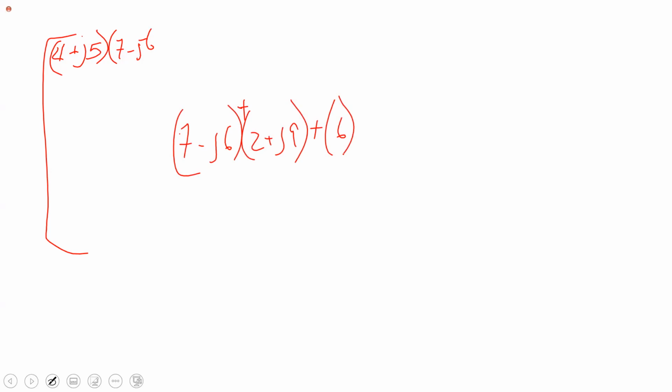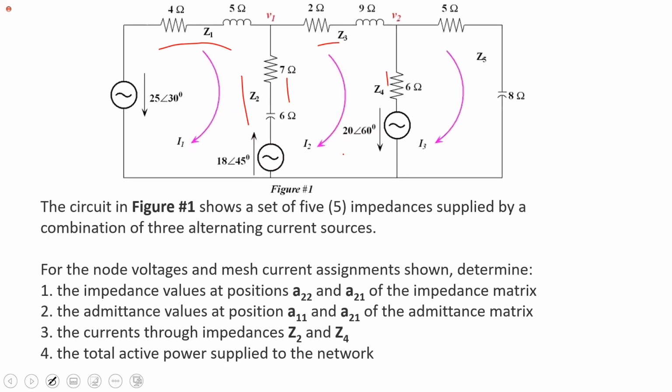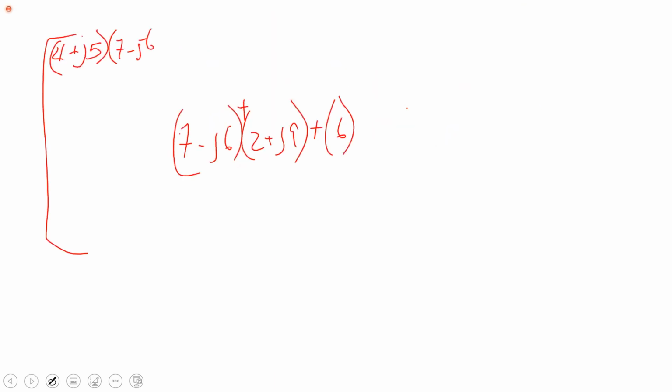And then for the third mesh, we have 5 minus J8, and we have 6. So we have 5 minus J8, we're adding that to 6. So those are our leading diagonal elements.